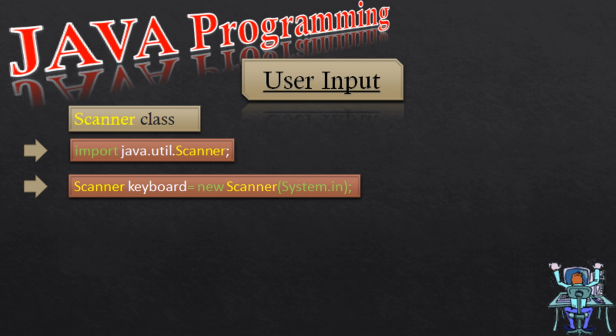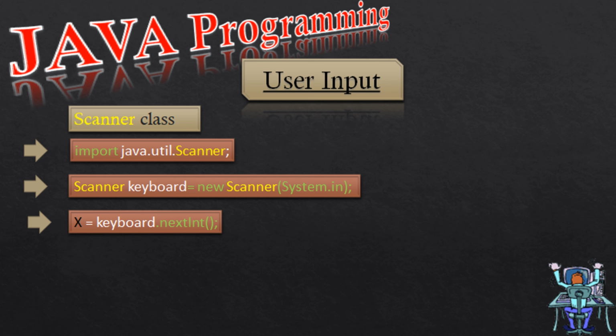Now we know from the previous video that System.in is used when we receive input from somewhere, and in our case it's from the keyboard, from the user. Then we end the instruction with a semicolon. Now we want the user to insert values into a new variable.